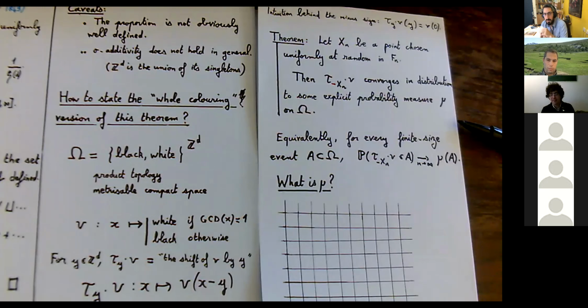And what I mean by finite size event is a subset A of Omega, such that in order to check whether it holds or not, it suffices to look at the picture within some fixed finite box.